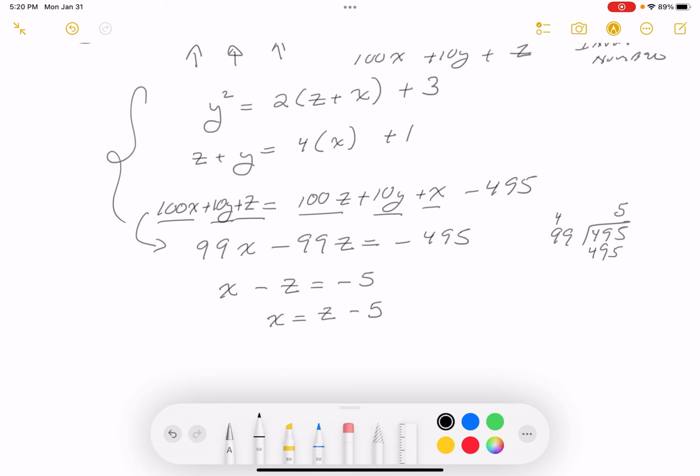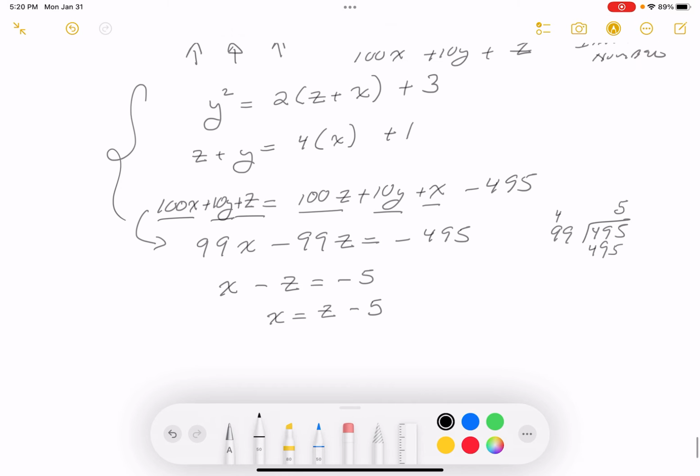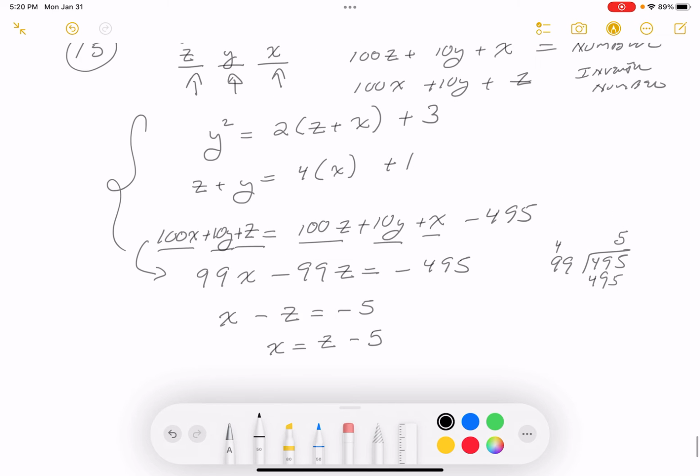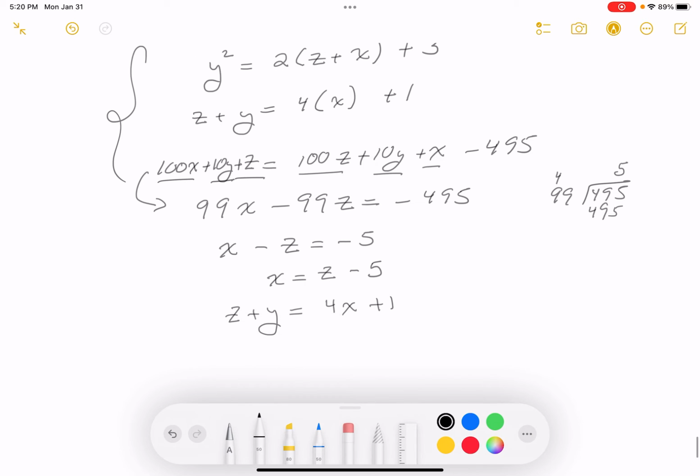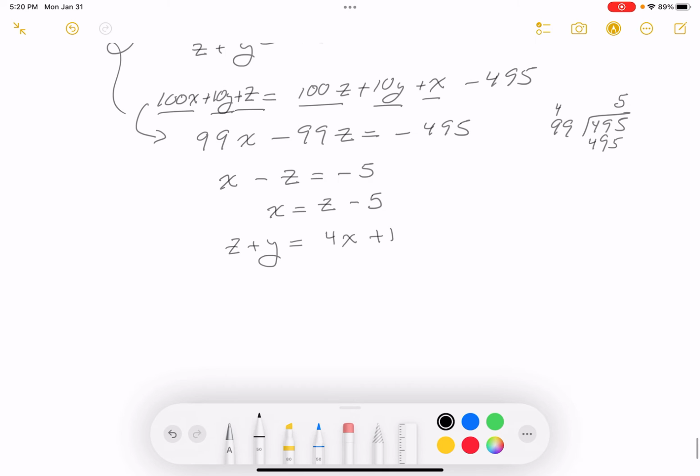All right. And I'm going to write the three equations down again. The second equation was z plus y equals 4x plus 1. Right? And the first equation, let me just make sure, I got to clean this up a little bit.